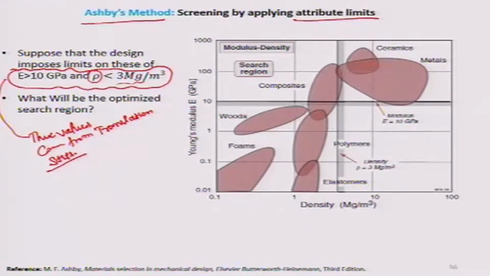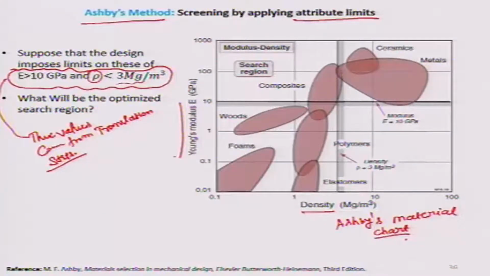After getting these values, we have a variety of materials. So, how will we screen materials for our particular requirement? We will take help of the Ashby material chart. Here we can see a plot between Young's modulus versus density, and it is a log plot.